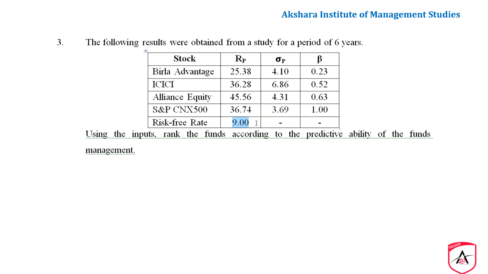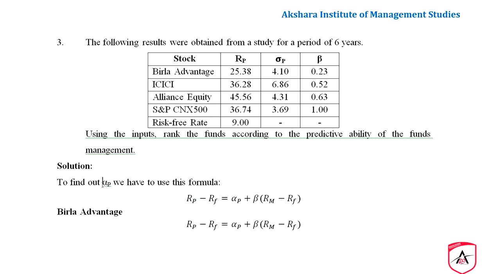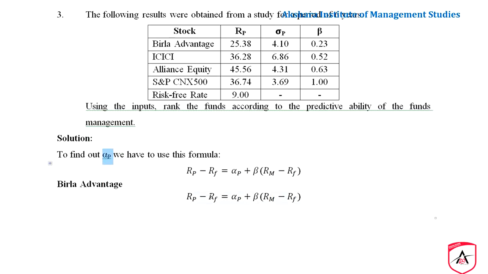What we have to do is use one more formula for calculating alpha P, and then we have got beta, and then we can calculate Jensen's performance index. Let us move on to the solution right now. To find this alpha P, we have to use this formula. For the first stock, RP, we shall substitute the values.